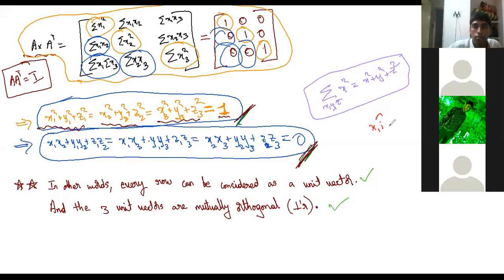Let us say x1i plus y1j plus z1k, ठीक है? And मान लीजिए दूसरा है x2i plus y2j plus z2k.